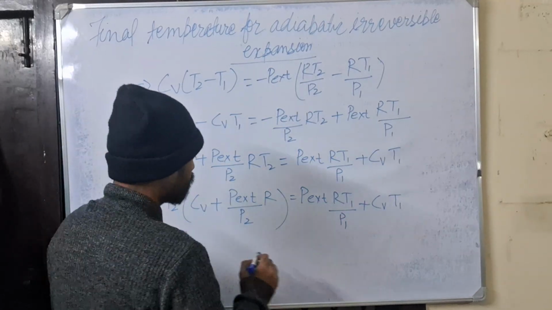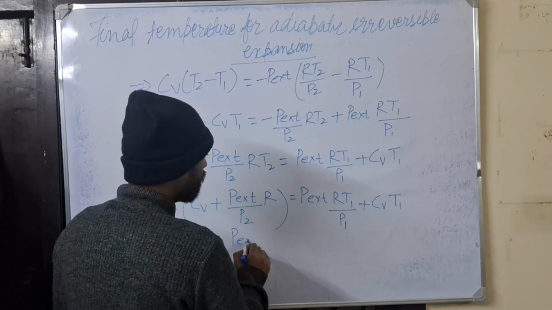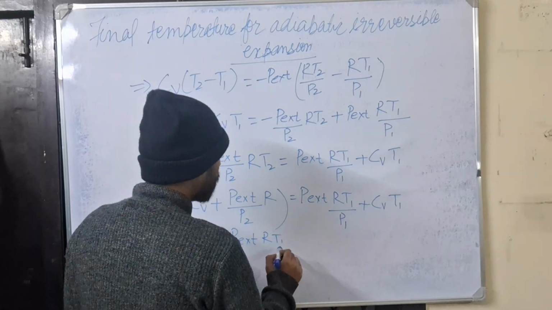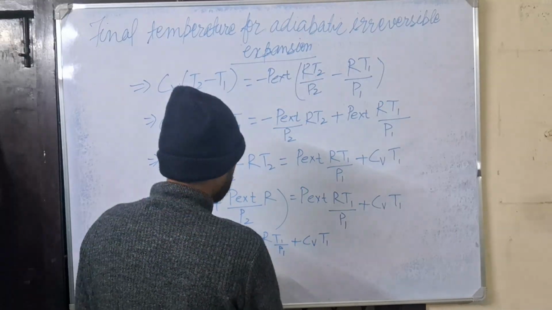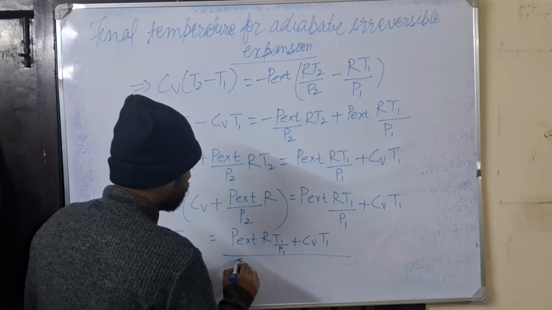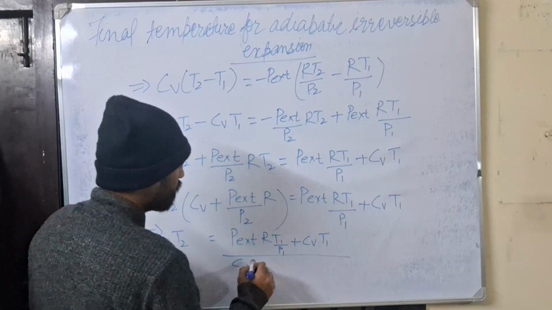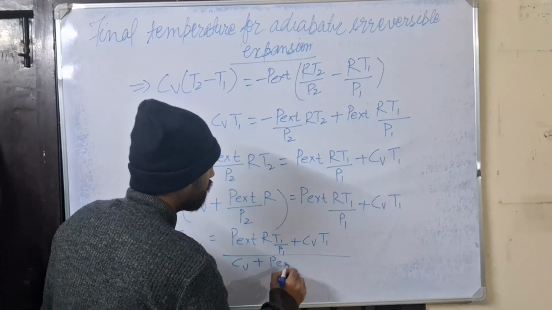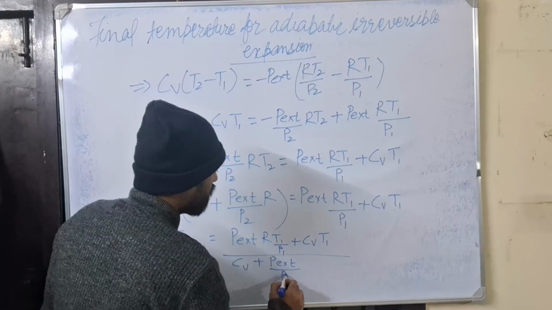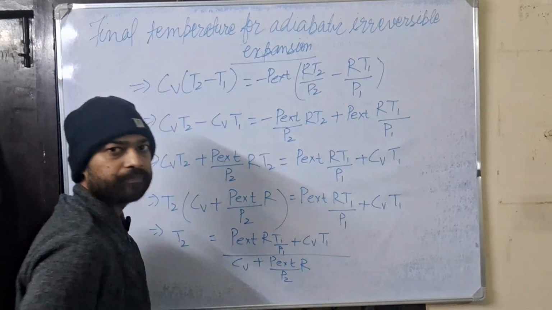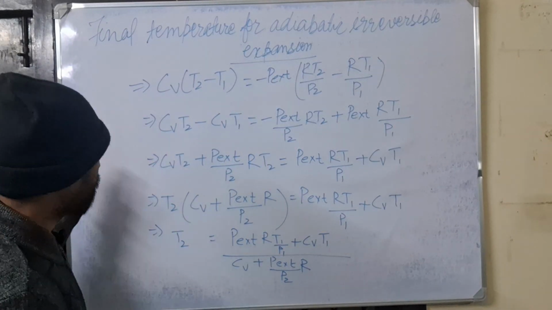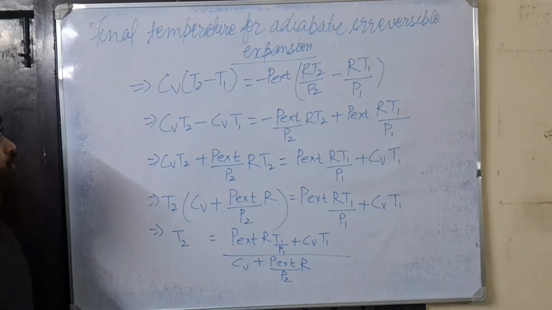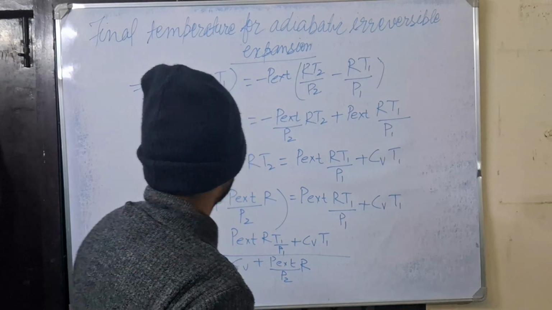T2 equals P external RT1 upon P1 plus Cv into T1, upon Cv plus P external upon P2 into R. Let me remove the equations from above, but before that you can pause it and note this down.